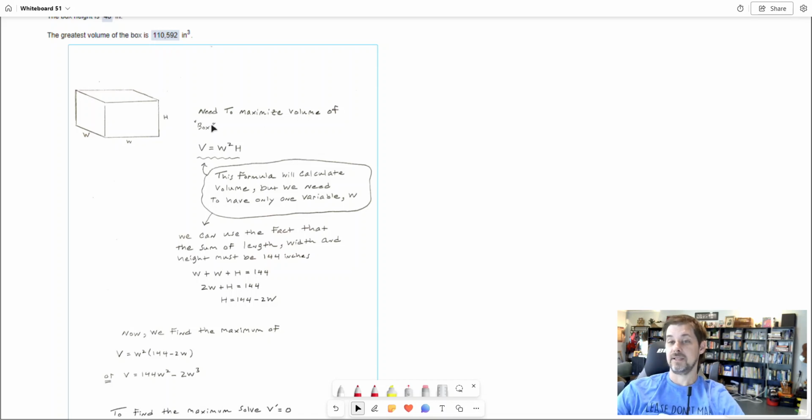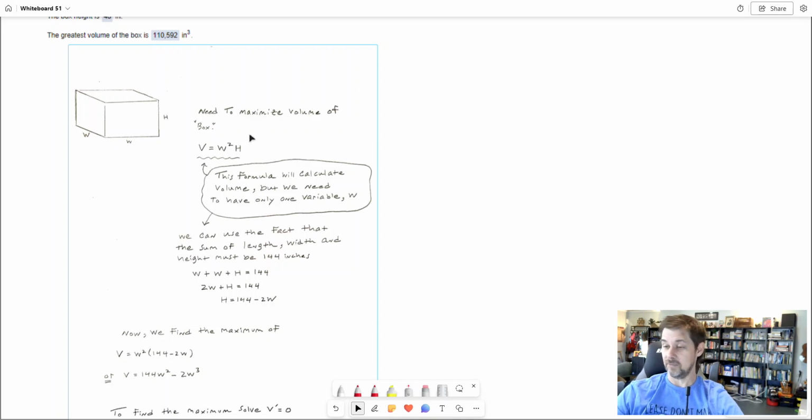Okay, so I've drawn that just for the sake of your imagination if you want to see it. We want to maximize that, and I need a formula for maximizing the volume. If I'm going to maximize volume through calculations of some kind, I need a formula that gives you the volume. So I'll just tell you that as a matter of geometry, the volume of a box is the product of the width and the length and the height, which in my case is W times W times H. Okay, so there's our formula for the volume.